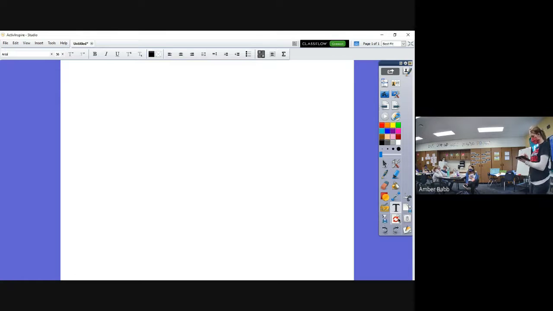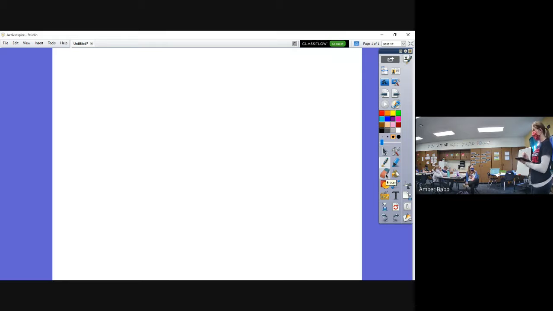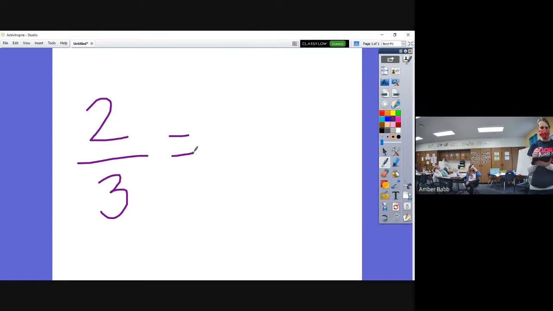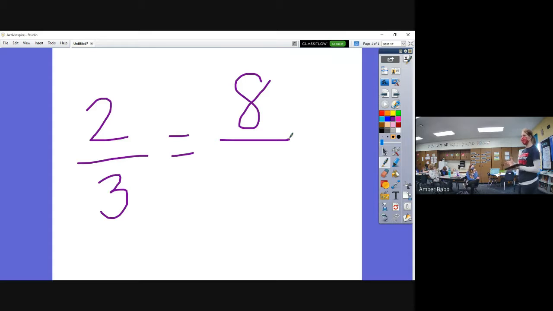Yesterday, we talked about equivalent fractions, and what does equivalent mean? Equal. It means equal. So if I had a fraction, and I said I have 2/3 of something, and I also have 8 of something else, well, obviously the pieces are going to be cut in a different size for 2 to equal 8. How do I turn a 2 into an 8?